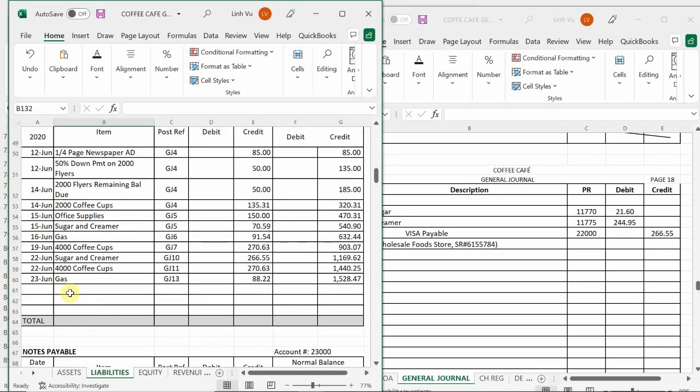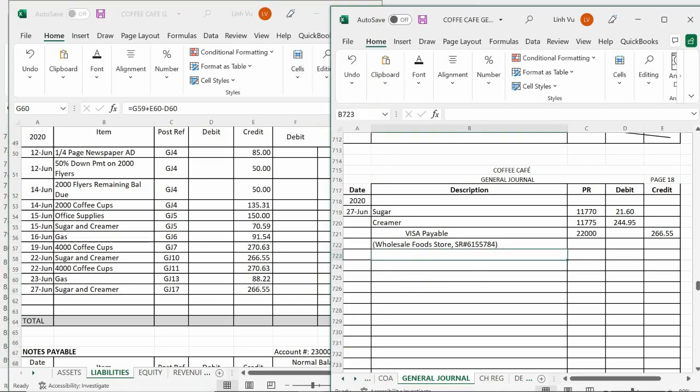So that means we racked up for purchasing sugar and creamer, we end up charging another $266.55, which gave us a grand total of $1795.02 charges on our credit card.